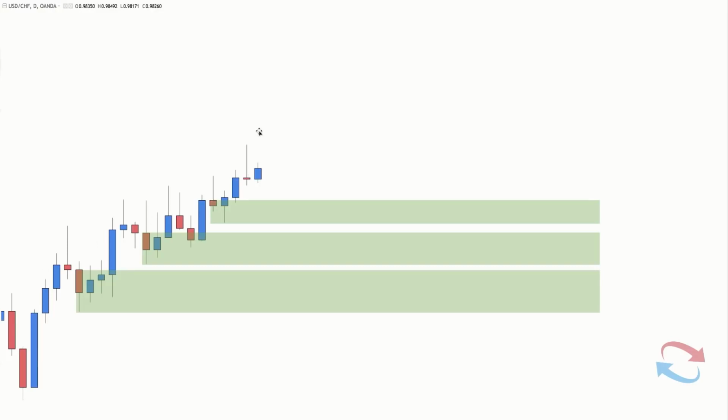So we make a new high again, just like the previous example here, where we didn't get a bullish candle close, and we also have this demand zone down here anyway. So we're waiting for a new bullish candle high before this now becomes a potential demand zone.